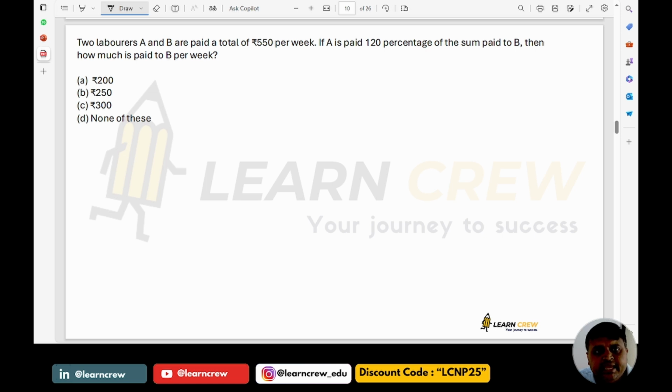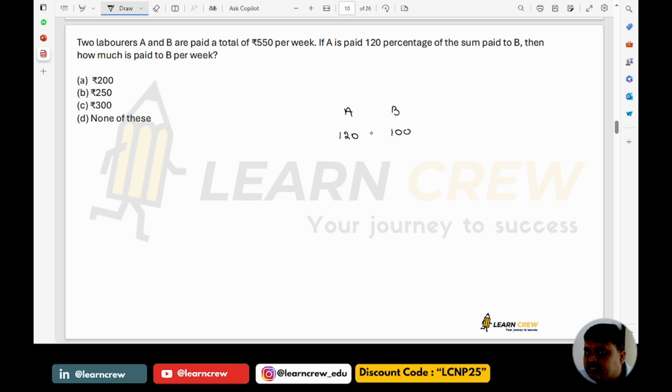Two laborers A and B are paid a total of 550 rupees per week. As A is paid 120% of the sum paid to B, how much is paid to B per week? So there are two persons here, A and B. A is paid 120% of the sum paid to B. If B is paid 100, A is paid 120% of 100, which is 120.